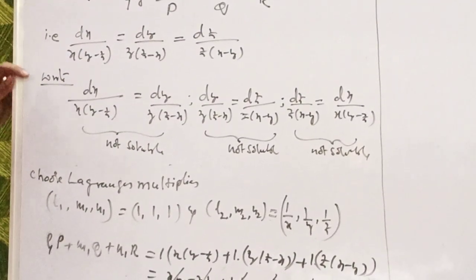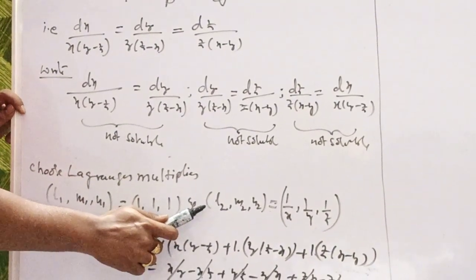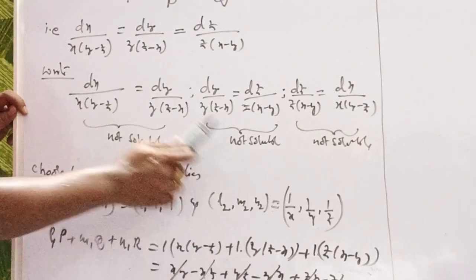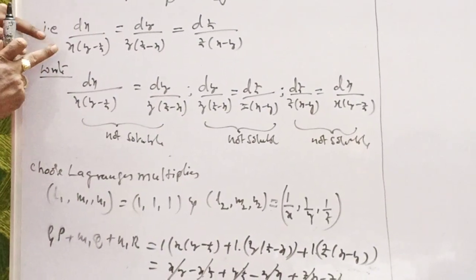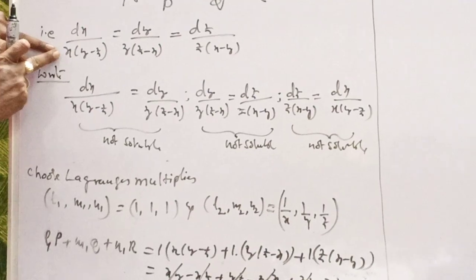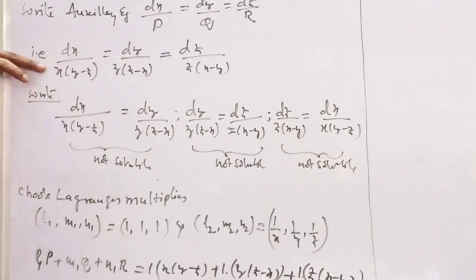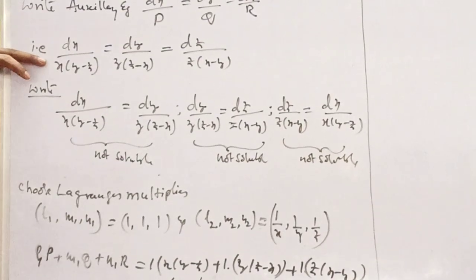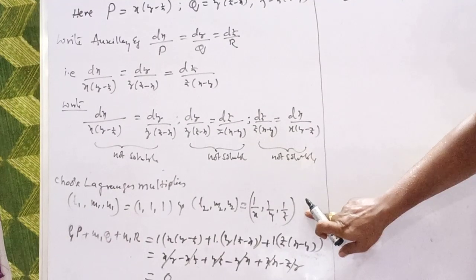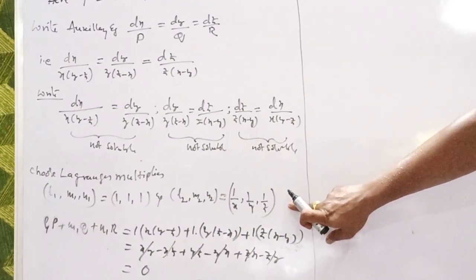So we can choose the second set of multipliers l2, m2, n2. We are eliminating x, y, z by multiplication of 1 by x, 1 by y, 1 by z. X get cancelled, y get cancelled, z get cancelled. So choose l2, m2, n2 equal to 1/x, 1/y, 1/z.